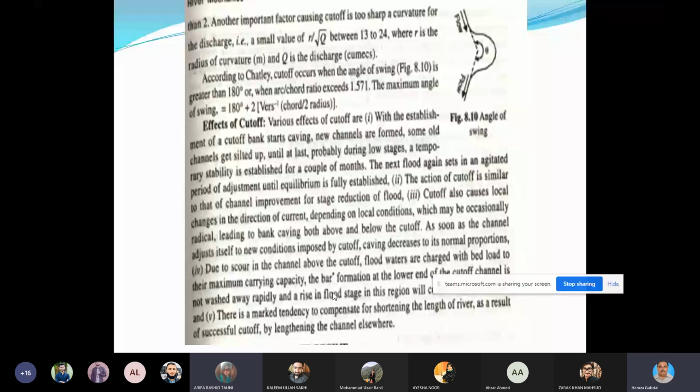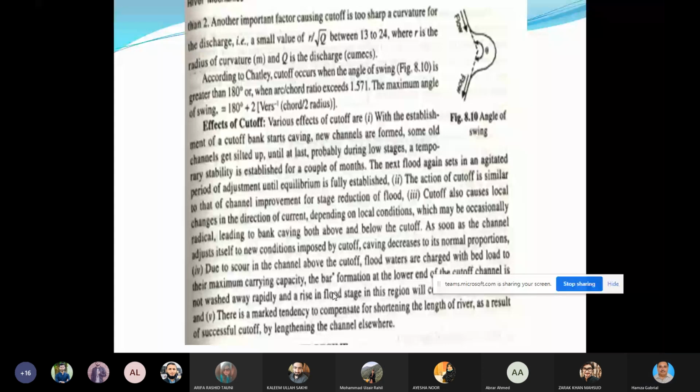So the action of cutoff is similar to that of channel improvement for stage reduction of flood. The cutoffs can be formed naturally as well as artificially. ये जो मेंडरिंग प्रोसेस है, इसको हम आर्टिफिशियली भी कट ऑफ कर सकते हैं by developing a man-made cutoff, or you can say for the channel improvement to straighten the channel, an artificial cutoff can be formed as well.